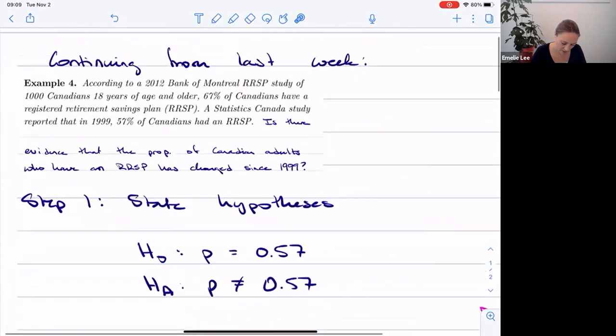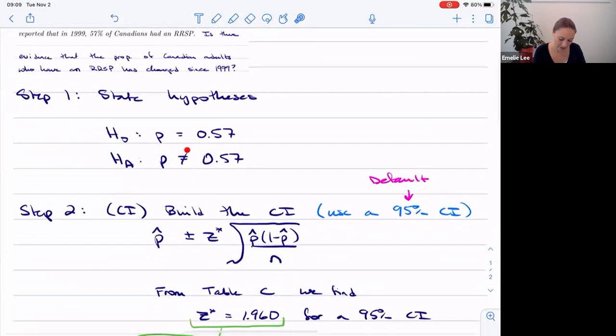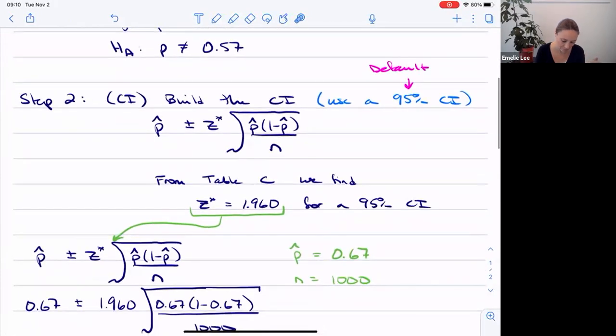So we set up our null and alternative hypotheses, assuming that the population proportion is 0.57 unless we find proof otherwise. Then we built a confidence interval around our point estimate, our p-hat, and we used the t table, table C, to find the z star, the critical value.